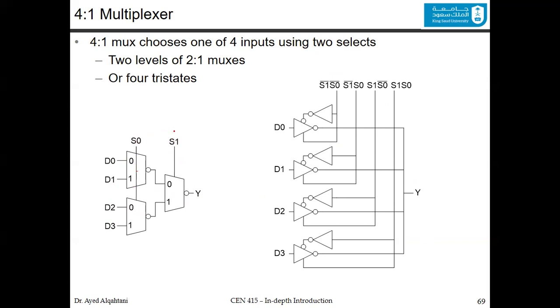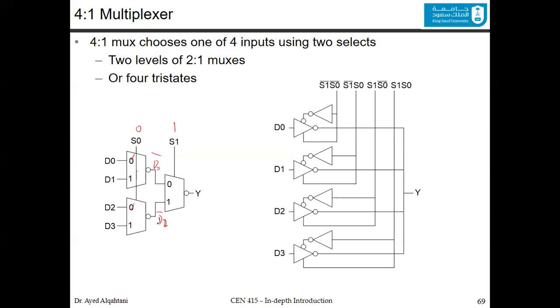So for example, let's say that you have 1 and 0 here. If you have 1 and 0, you will choose only one of these inputs. In this case, with 1 and 0, you'll select this and this. So you'll have D0 bar, and you have D2 bar here.